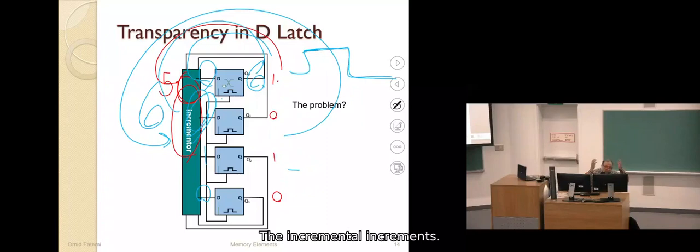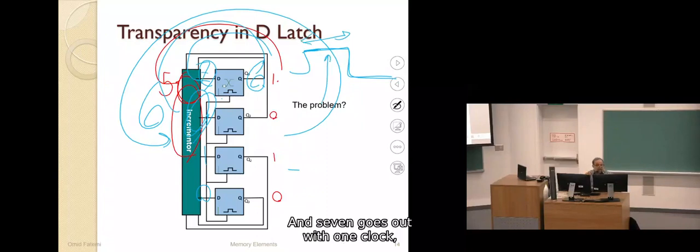So the incrementer increments, and it becomes 7 here. If this delay, which is not much, just a combinational circuit, is less than this interval, then we have 7 here, and 7 goes out. With one clock, we made it 6, 7, 8, 9, and it goes until the clock is off.